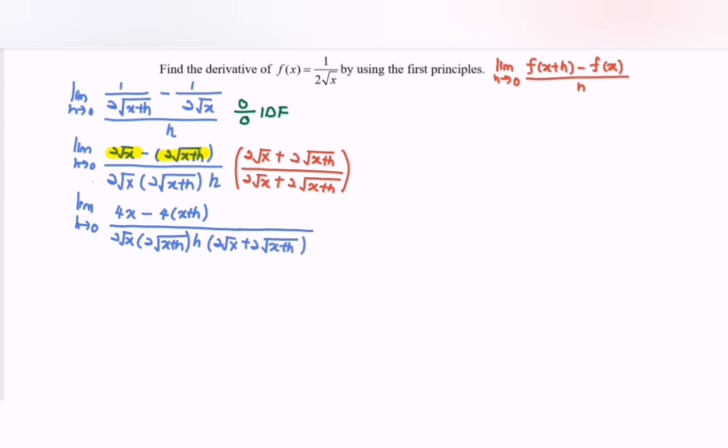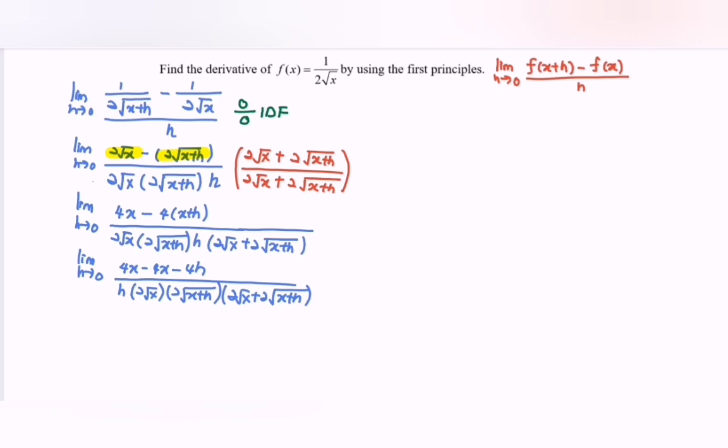So kindly simplify the situation. Next, limit as h approaches 0, we have 4x minus 4x minus 4h, over h multiplied with 2 square root of x, 2 square root of (x plus h), then 2 square root of x plus 2 square root of (x plus h).